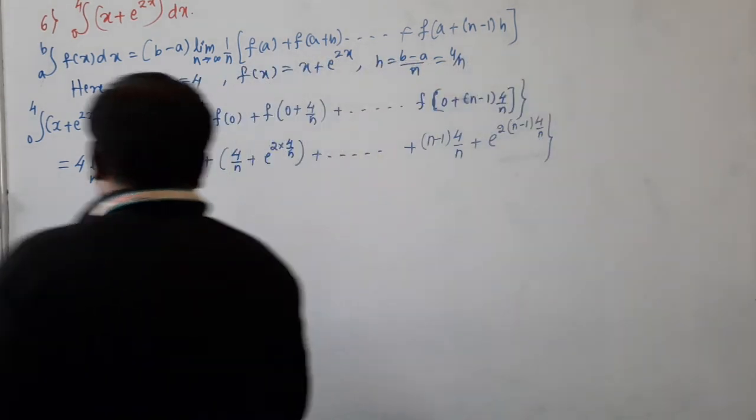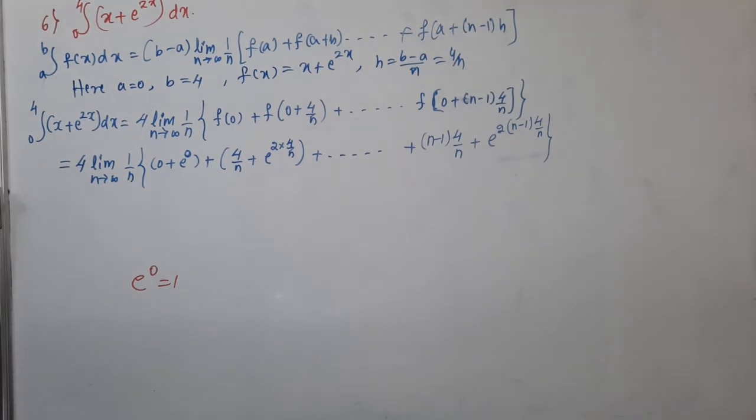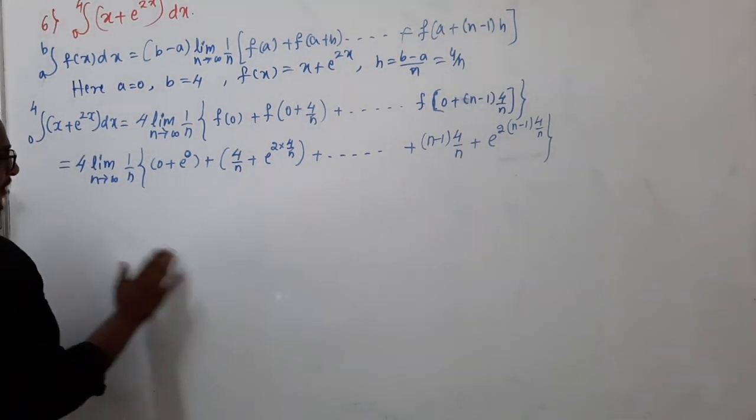Now we know that the value of e to the power 0 is equal to 1. So apply that value here, it will become 1.